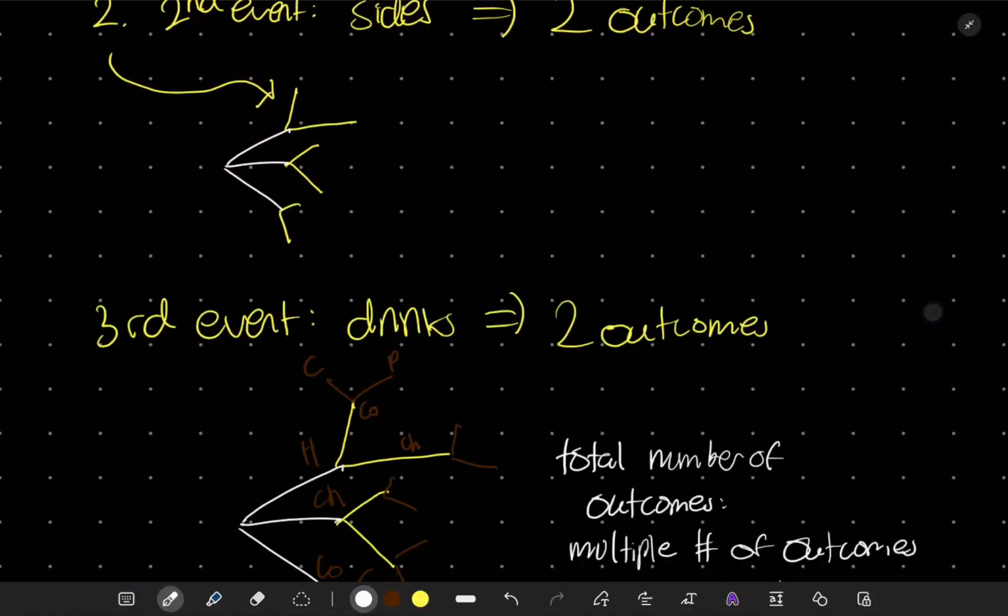Expected value is related to these, and especially it talks about the amount that we can expect for a particular event.